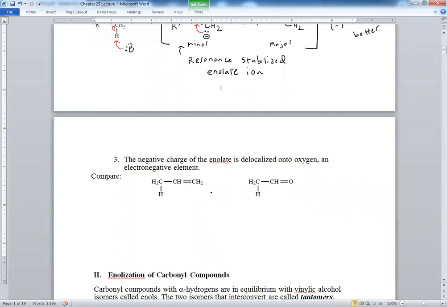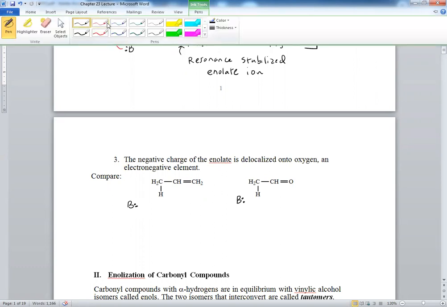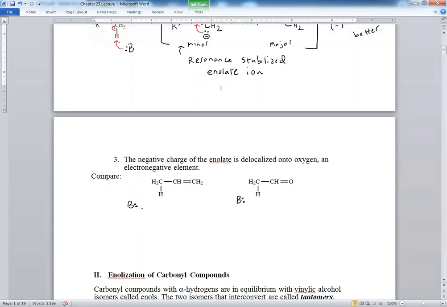If you have a base, and bases have a function, and that is to deprotonate a carbon.